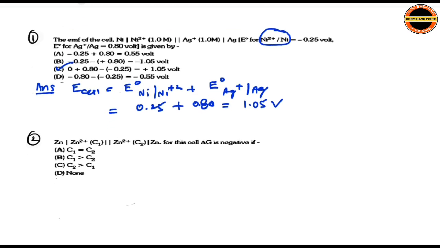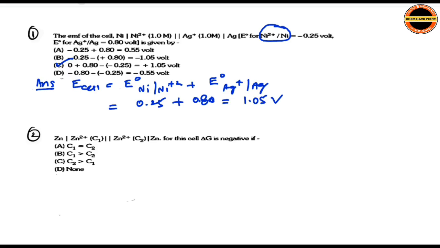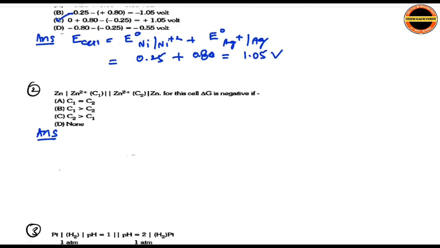Next question. Zinc|Zn2+ (C1) || Zn2+ (C2)|Zinc. For the cell, delta G is negative under which condition is given. First let us see the given information. Zinc is giving Zn2+ (C1 concentration) plus 2 electrons.